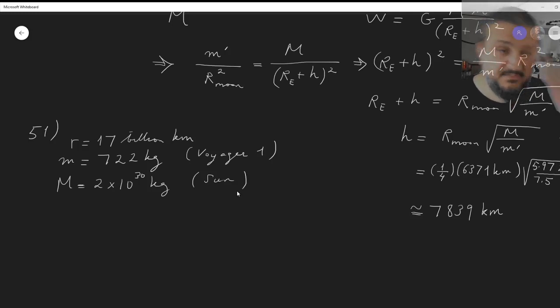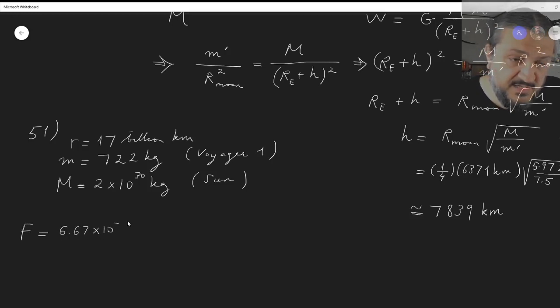All right, so we just need to plug those into our formula. The gravitational force will be then 6.67 times 10 to the negative 11. That's the value of G. I'm not writing units to save time.